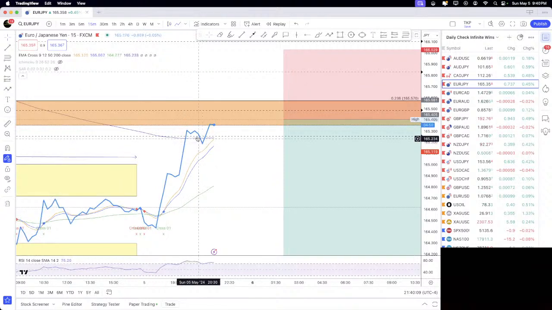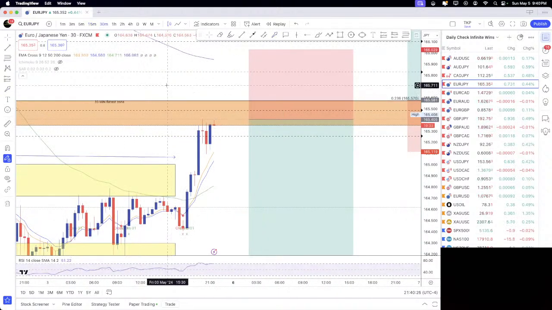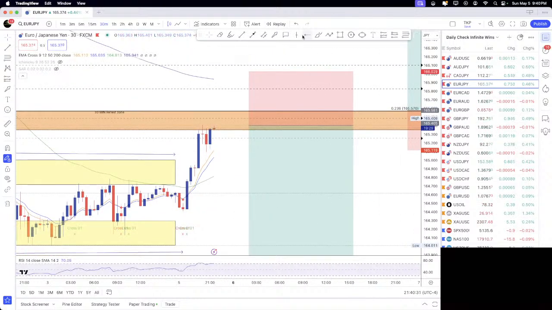This double top was confirmed. The candle did close beneath that neckline. So it is a confirmed double top, and this high is the high to play. So as long as price doesn't create a higher high than this one, which it hasn't, this could end up being a double top on the 30-minute. All right? So we just want to see how this thing is going to work out.